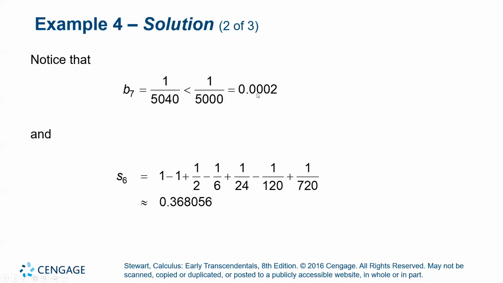That is about 0.0002. And the partial sum, S6, using the n right before it, because remember we want to compare n and n plus 1, S6 would be the sum of the terms up until B7. That is about 0.368056.